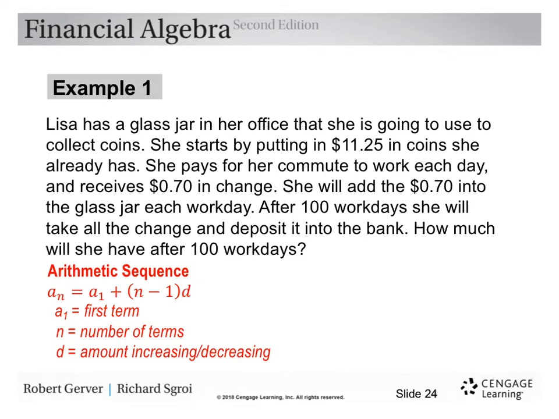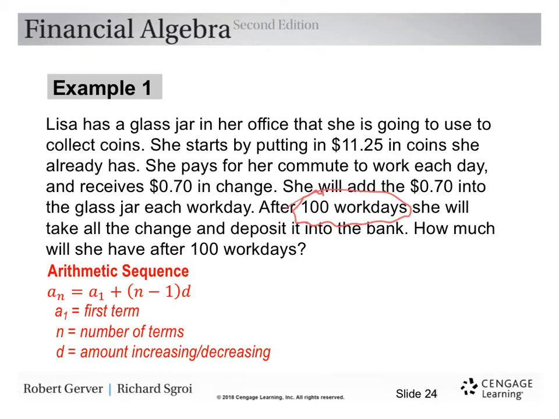All right, so what we're going to do here is we're going to use something called an arithmetic sequence, okay? And this is where you have a formula: a sub n is equal to a sub 1 plus n minus 1 d. A sub 1 is simply the first term, n is the number of terms, and d is the amount increasing or decreasing. All right, so number of terms, it's going to be 100, because she's talking about 100 work days.